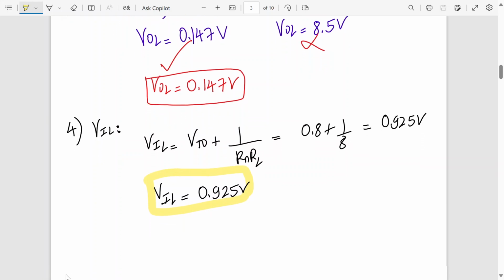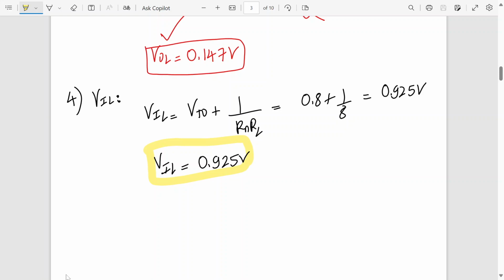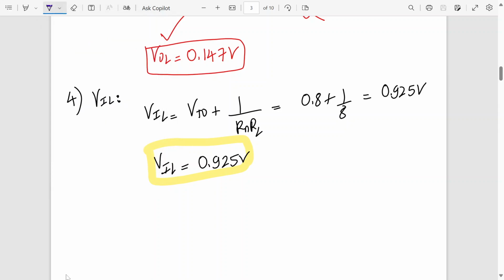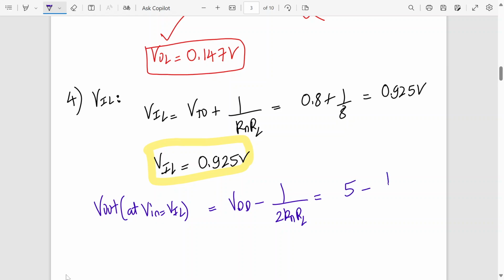Now we have to plot this point on the VTC curve. So you have to find out V out at V in equal to VIL. That formula is VDD minus 1 upon twice Kn into RL. That is 5 minus 1 upon 2 into 8.